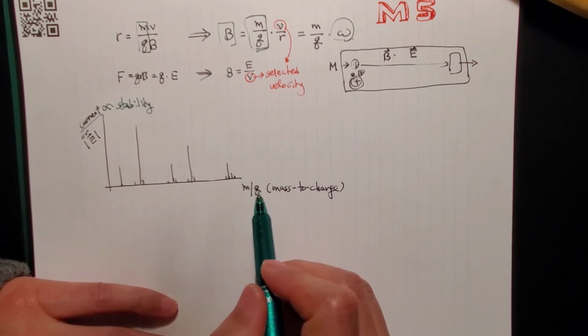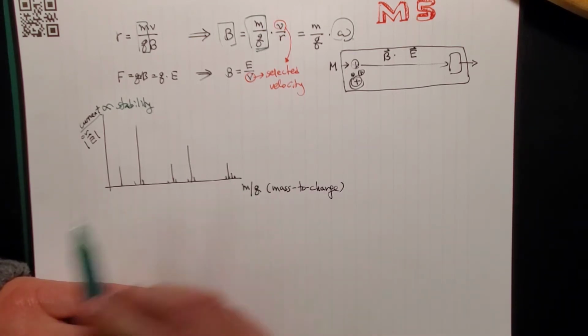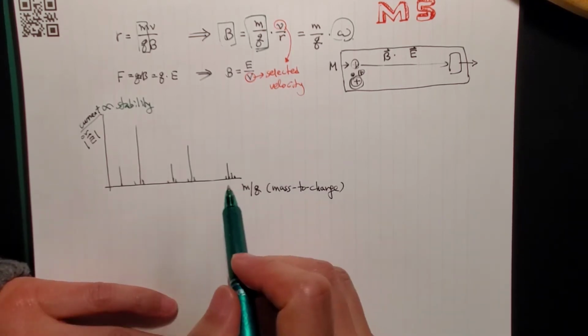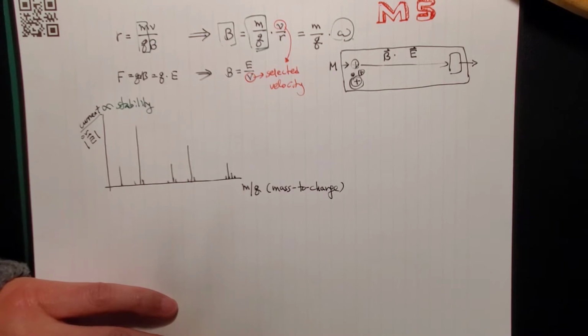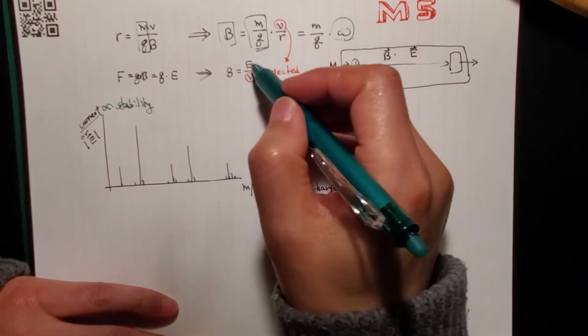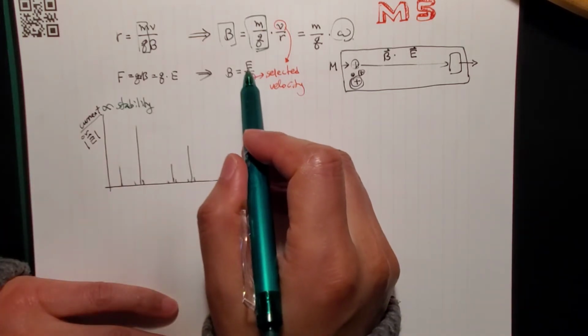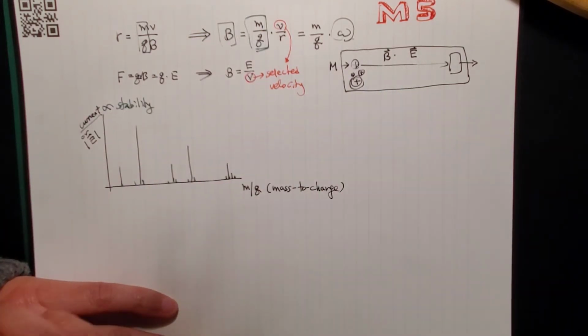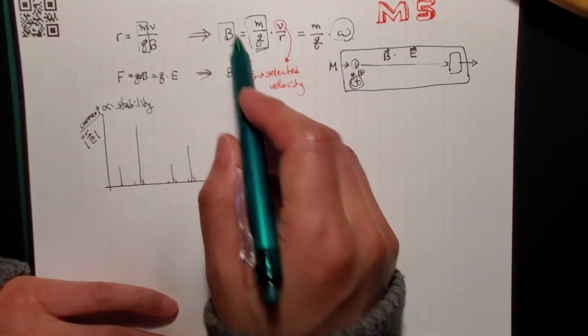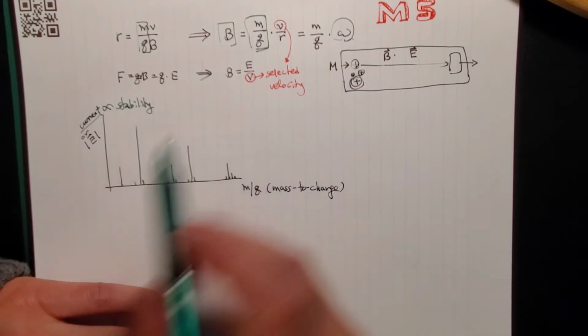Most of the time the charge is 1, so the number you see here is the mass unit of the molecule or the fragments. Also, I need to point out that we had cases where we changed the electric field, plus minus voltages, so you can make changes on the charged particle with different mass instead of changing the magnetic field.